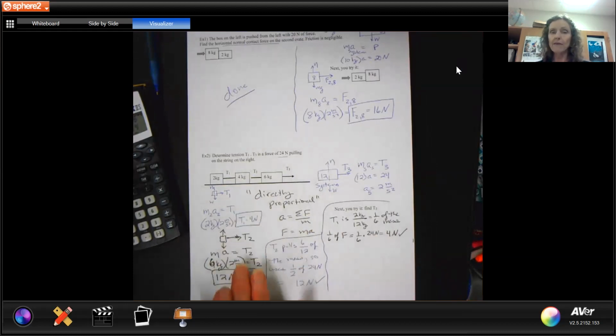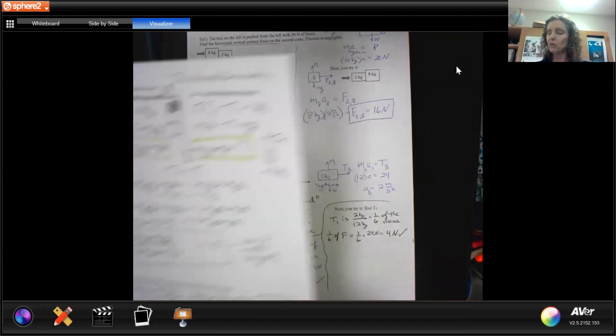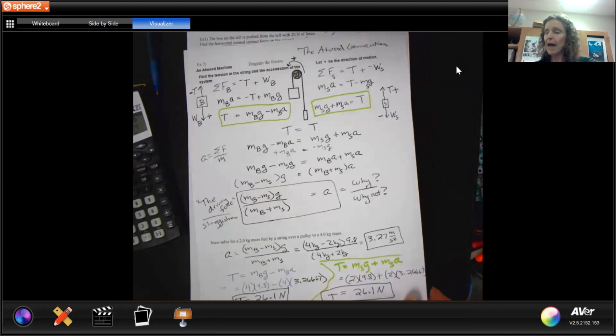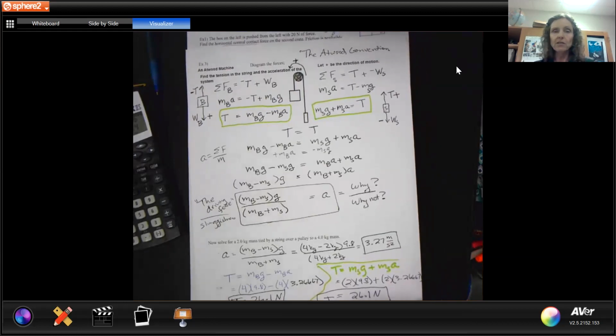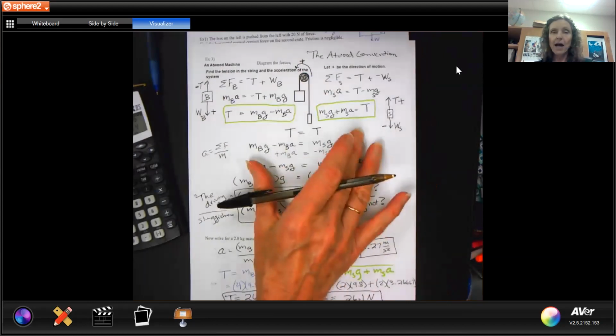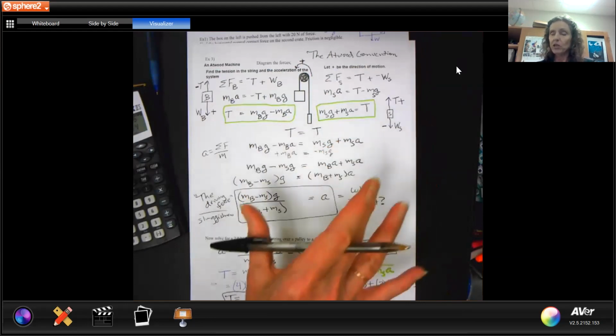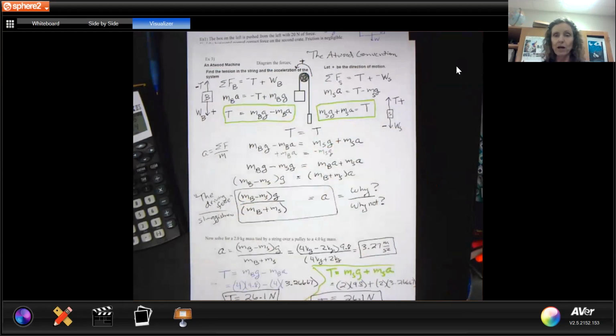So you don't always have to do everything here with free body diagrams. It's possible to develop kind of an intuitive sense about acceleration and force and mass. And here we've learned how to solve an Atwood problem. We've learned what the Atwood convention is, and you've practiced your algebra skills, I hope, because this is the language of physics. And we want you to be able to speak that language really, really well in May.